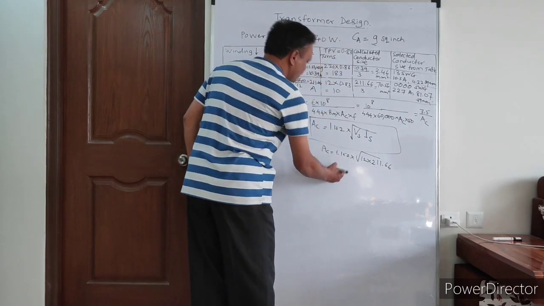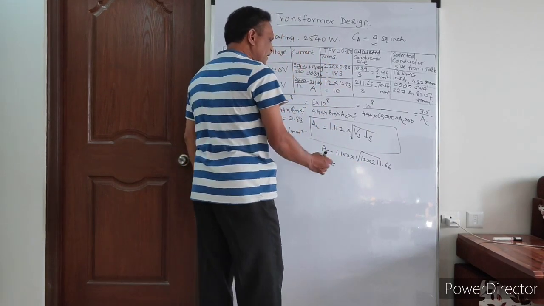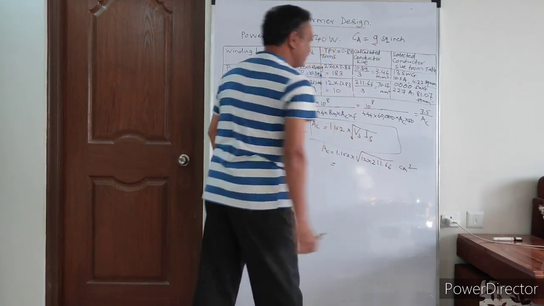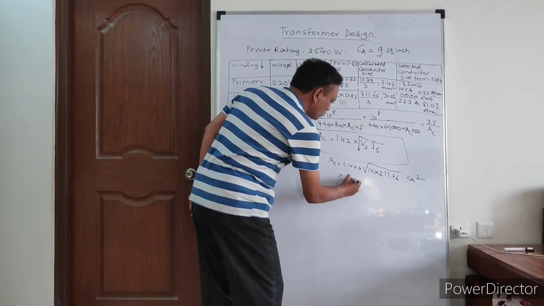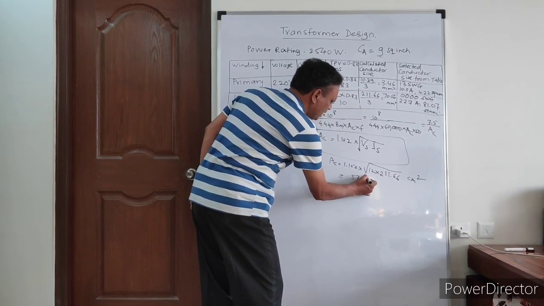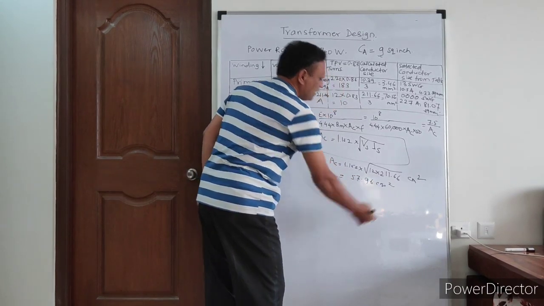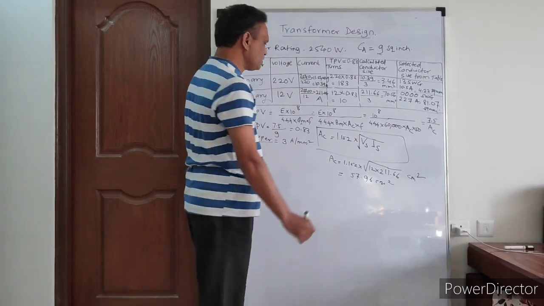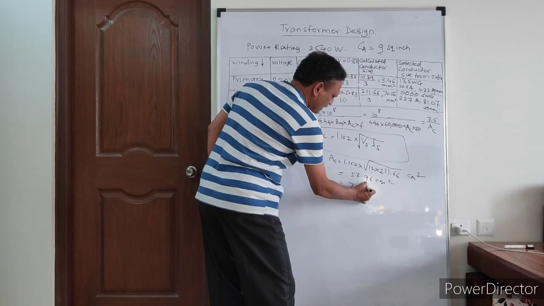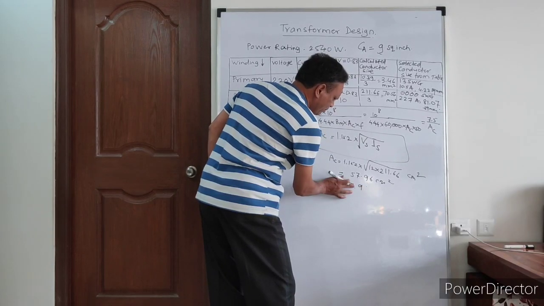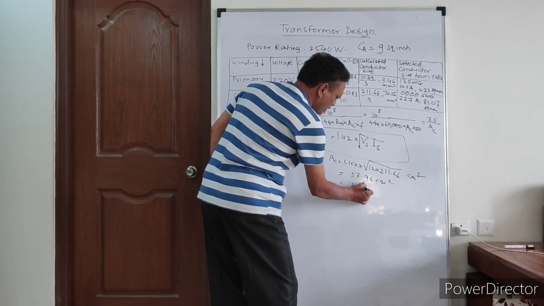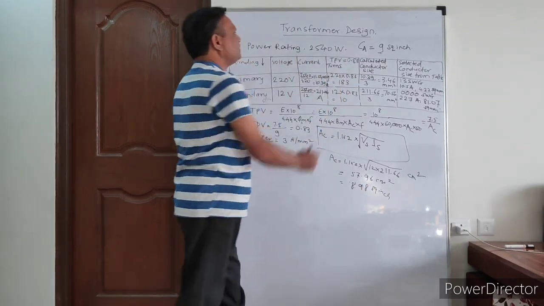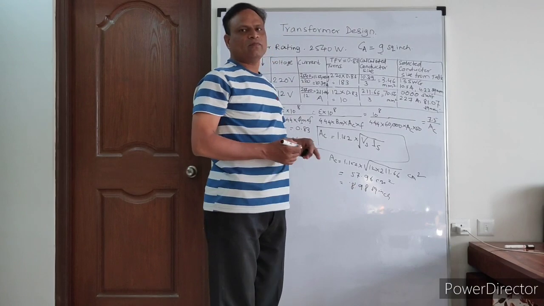If I calculate this value, of course we are going to get it in terms of square centimeter. This value comes to be equal to 57.96 square centimeter, and if you want to convert it into square inches, it is 8.98 square inch, which is almost exactly 9 square inch, our area of the core.